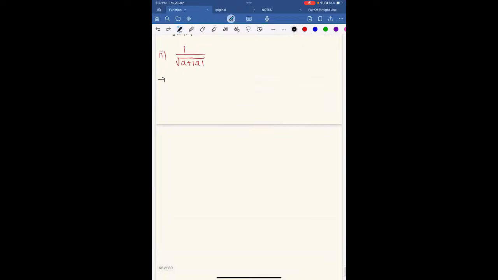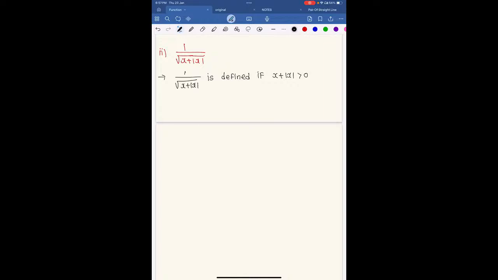So here 1 upon root of x plus mod of x is defined कधी डिफाइन असेल ते is defined if. So define कधी आहे ज्यावेळेस रूट मधली क्वांटिटी पॉझिटिव्ह असेल मीन्स x प्लस मॉड ऑफ x स्ट्रिक्टली ग्रेटर दॅन 0 असेल. तर आता आपल्याला बघायला लागेल x प्लस मॉड ऑफ x स्ट्रिक्टली ग्रेटर दॅन 0 कधी.